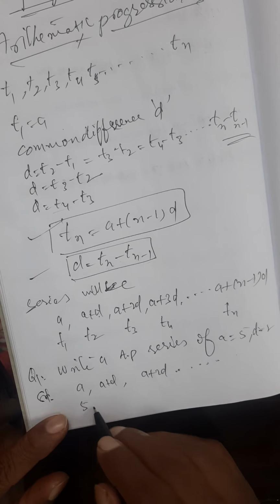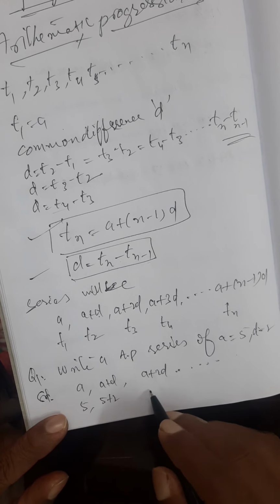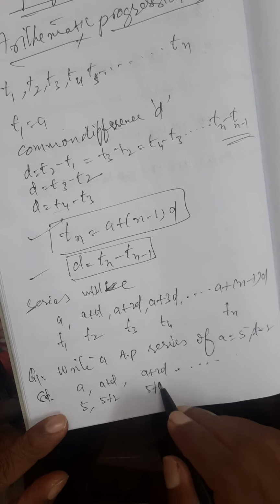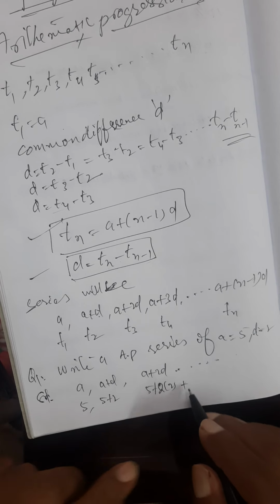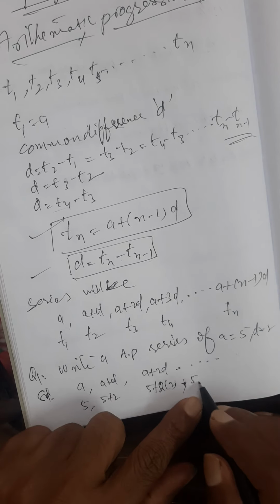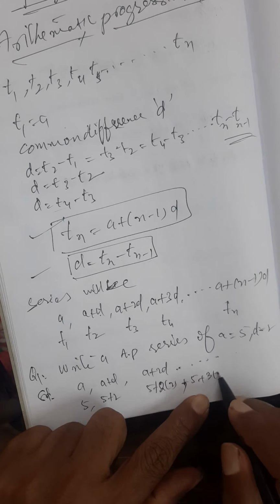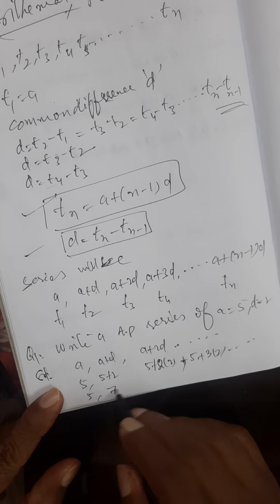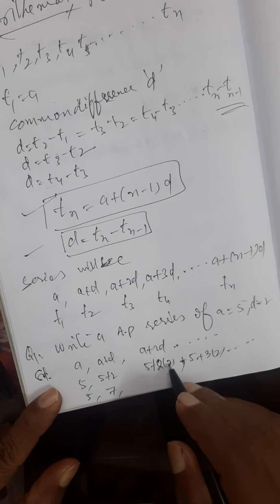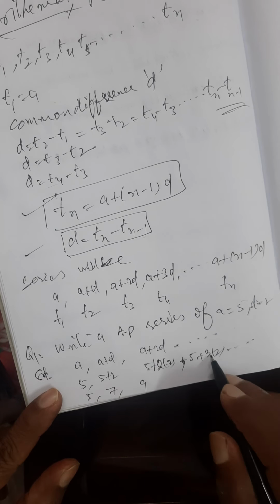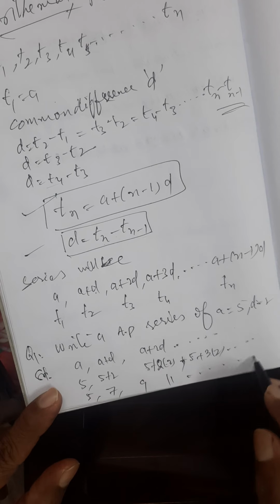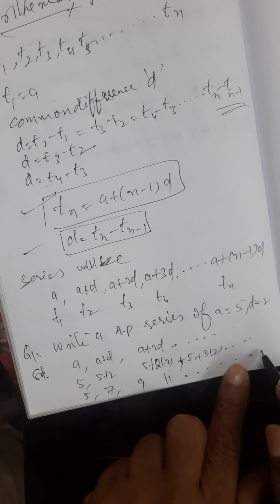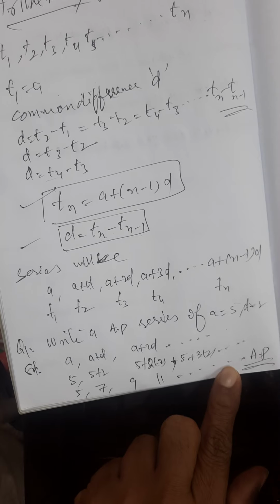So a is 5. 5 plus 2, 5 plus 2 into 2, next 5 plus 3 into 2, dot. So this is 5, 7, 9, 11. Like that we will get the series. This series is called an arithmetic progression.